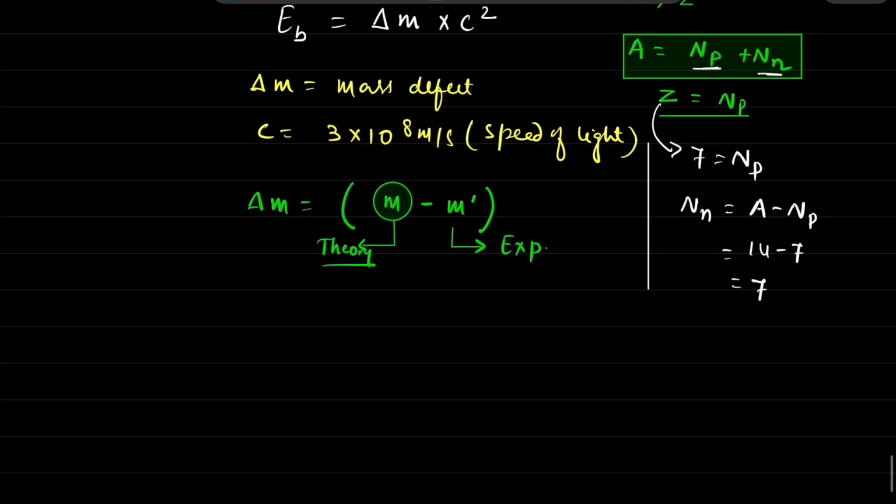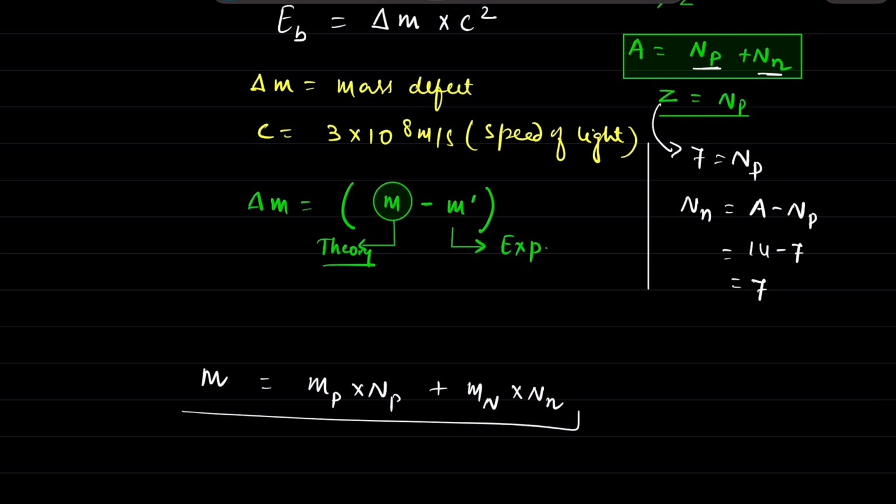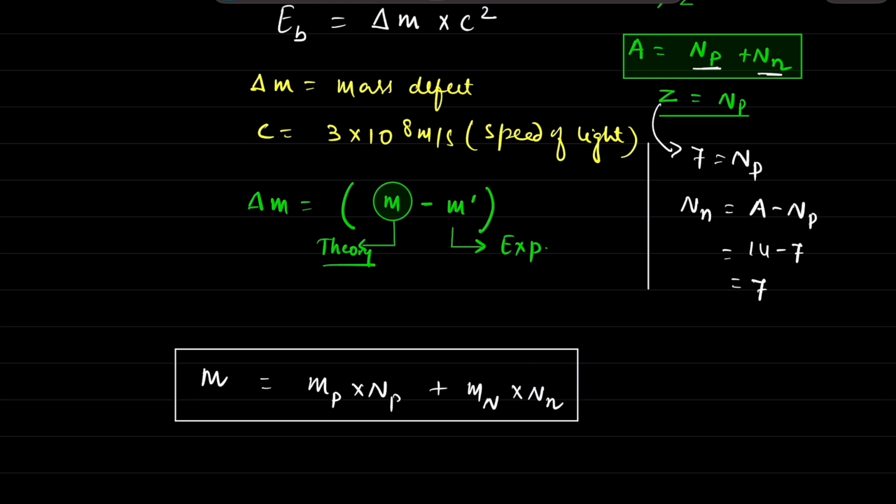If we have to find the mass of the nucleus, it is equal to the mass of proton into number of protons plus mass of neutron into number of neutrons. By this relation, we can find the theoretical value.